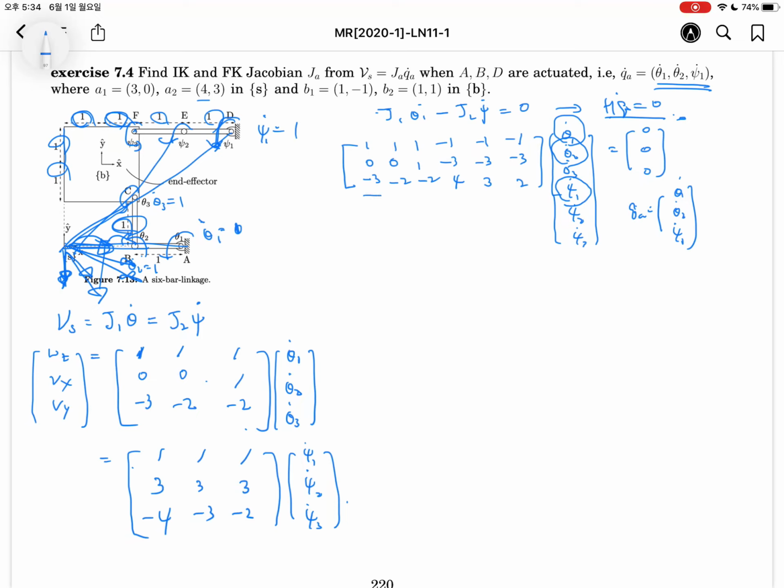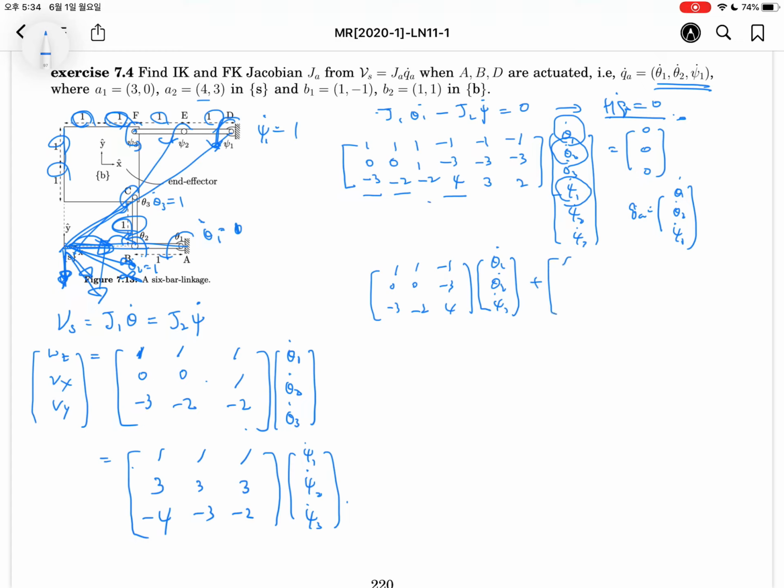The corresponding column vectors will make the active Jacobian. So we can decompose this equation: 1, 0, minus 3, 1, 0, minus 2, minus 1, minus 3, 4, and then theta 1 dot, theta 2 dot, psi 1 dot as Q A dot.